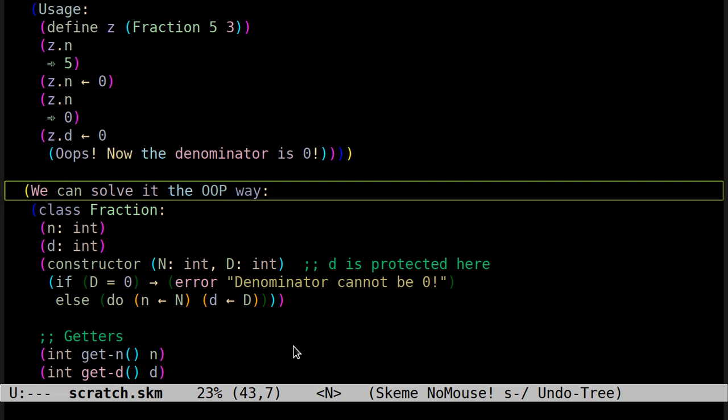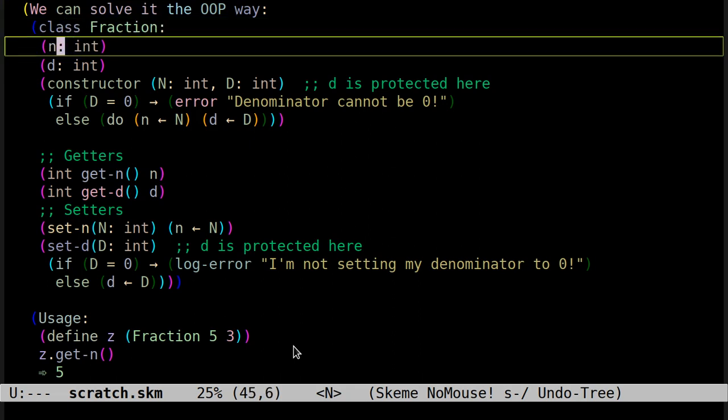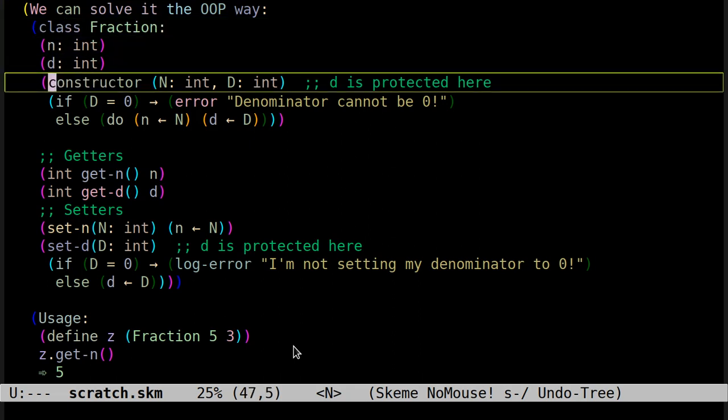So how do we solve it? Well, we can solve it the OOP way. You make a class Fraction like before, with numerator and denominator, but then you say that whenever you make an instance of this class, whenever you make a fraction, you must use this constructor right here.